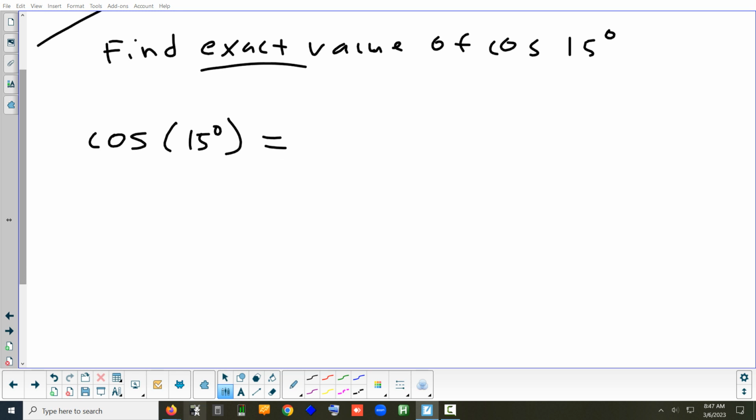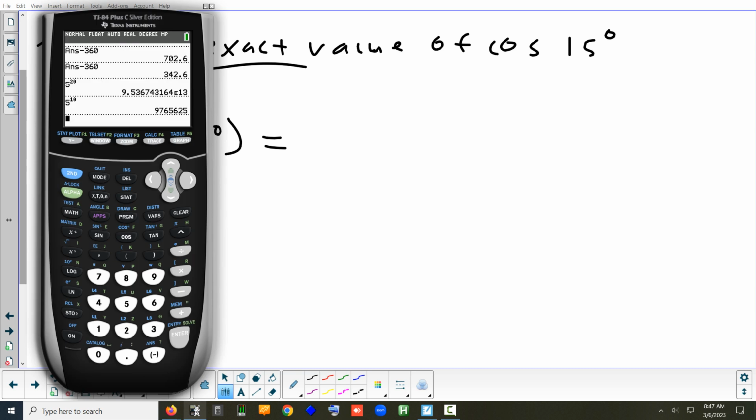Now, to do this, we have to remember some exact values we've done before. Cosine of 45. That number, 0.707, comes up a lot. If you do sine 45, it comes up again. If you do sine negative 45, it comes up again. So 0.707 is kind of an important number we need to remember.